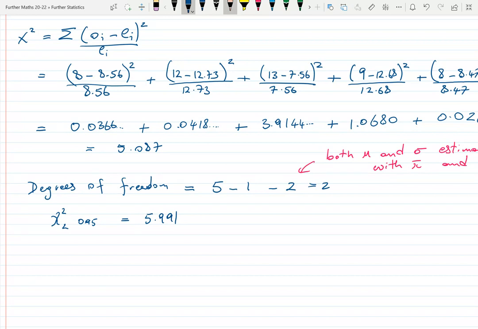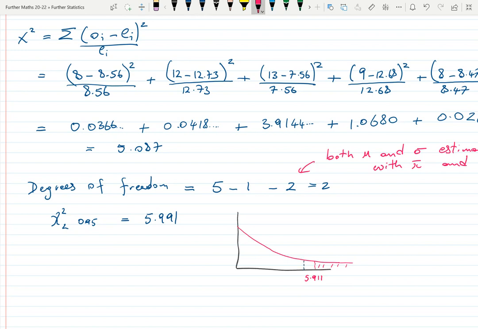5.991. As I say, I always like to draw my chi-squared. It's got only 2 degrees of freedom, so it'll look like this, not that you have to draw it accurately. The 95% critical region has a critical value here of 5.991. But we're in the acceptance region, not in the critical region.